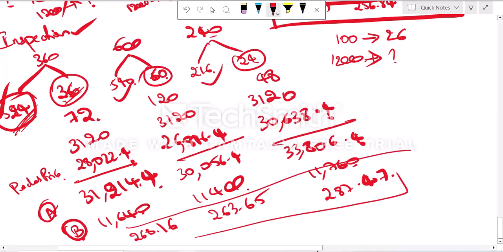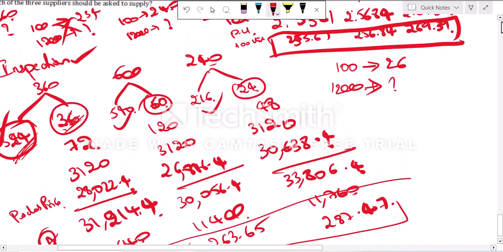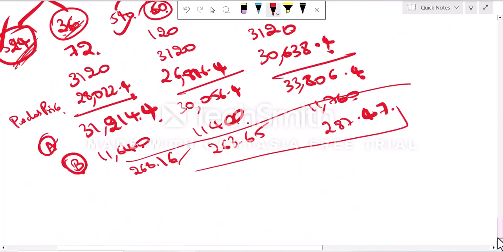Finding this is not a big problem, but we should suggest which is better. So compare. If we do not inspect, we will incur 253.61, but if we inspect, we will incur 268.16. Inspection is costly.